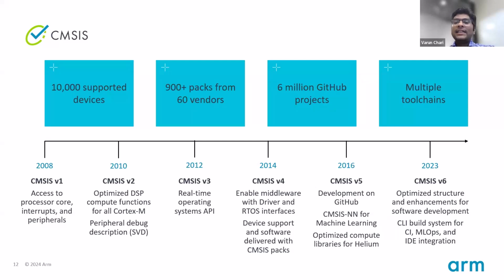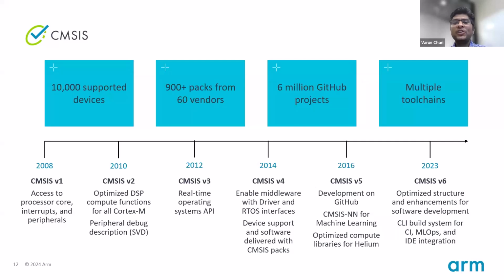And then again in 2016, we released version 5, where you could develop the CMSIS packs open source using GitHub. Then we added support for machine learning using CMSIS-NN. Then with Armv8, we added support for Helium and also optimized CMSIS packs that Arm provided to enhance machine learning on Helium cores.